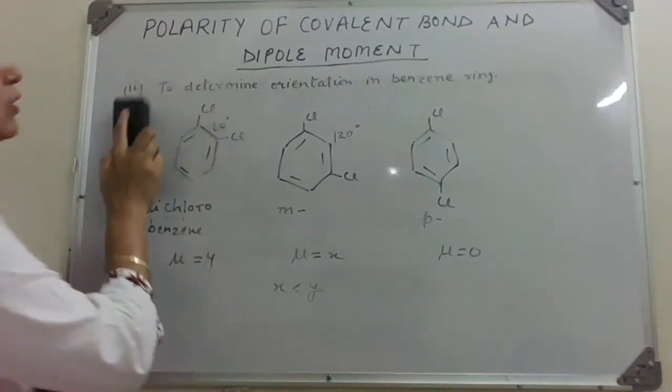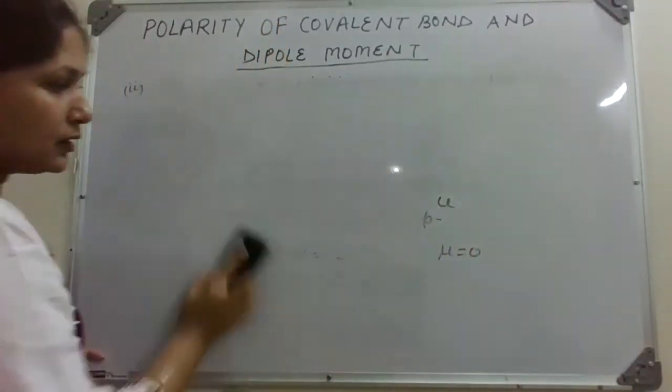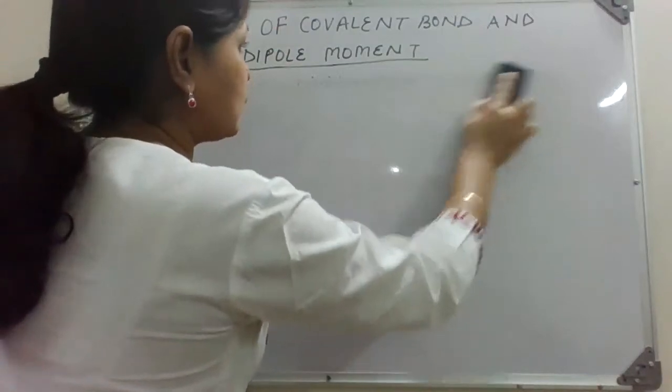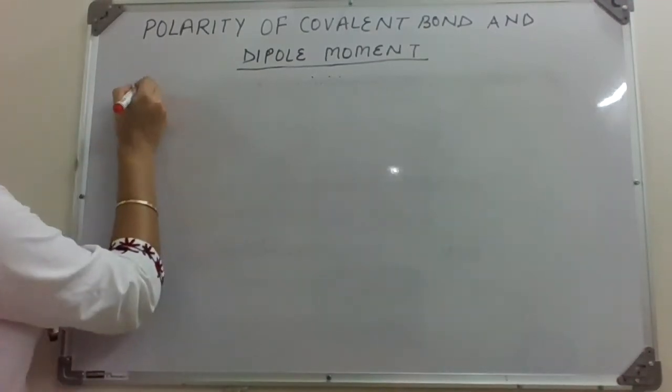The next application of dipole moment, the fourth, is to distinguish between cis and trans isomers of a molecule.